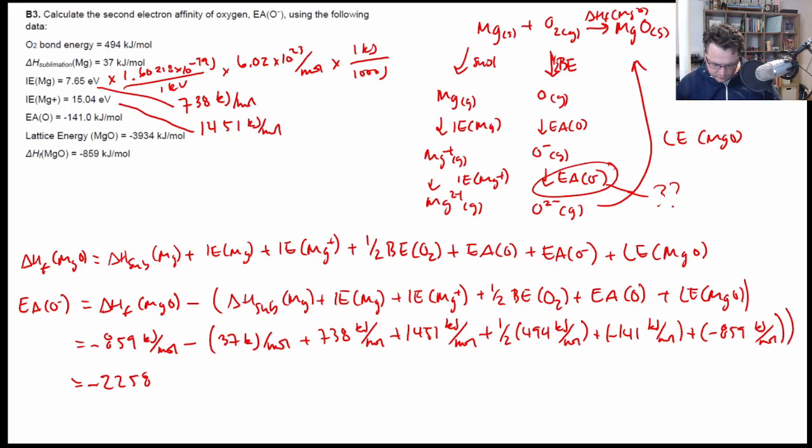Oh, I put in the wrong number at the end. That's a very important thing: it's not negative 859, I wasn't paying attention. It's negative 3,934 kilojoules per mole. Always double check that you're using the right values when you're transferring them over.